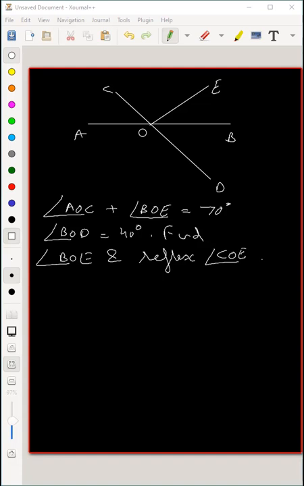I want reflex COE. Your third BOE is correct. Find reflex COE.